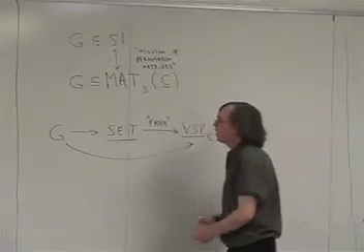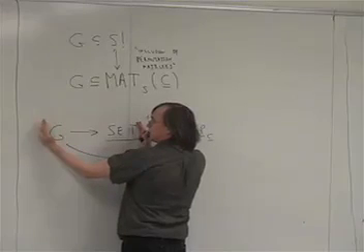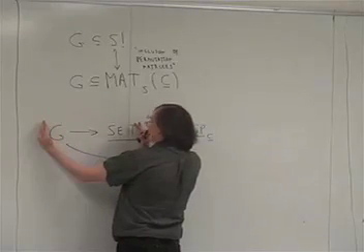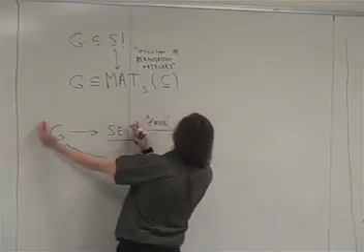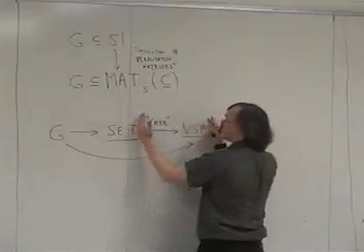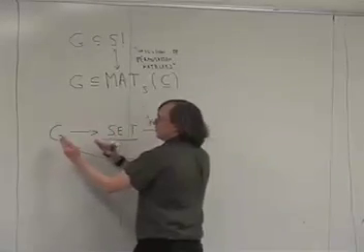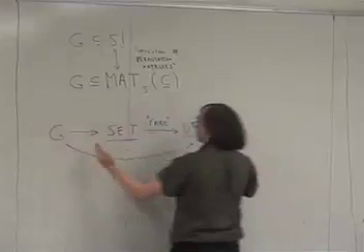This represents a group acting on a set. You have this process that turns sets into vector spaces, and you use that to get the group acting on a vector space.